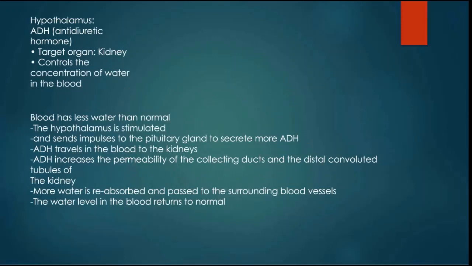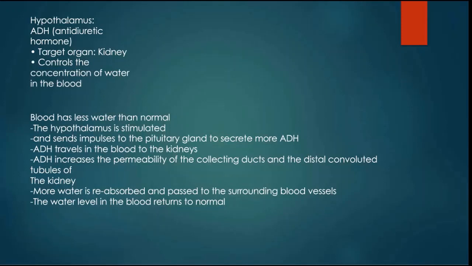Let's look at the hypothalamus as a gland. It secretes a hormone called ADH, antidiuretic hormone. It targets an organ in the body, which is the kidney. The hormone ADH controls the concentration of water in the blood.